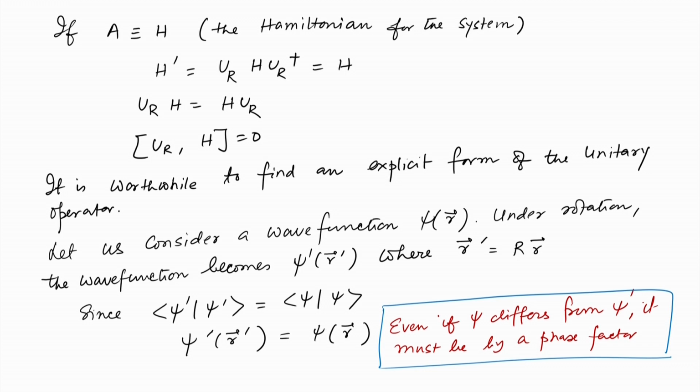As I was saying, if A is the same as the Hamiltonian of the system, then the Hamiltonian in the rotated frame, H prime, is equal to U_R H U_R dagger, which is equal to H, and this tells us that U_R H is equal to H U_R. This means that U_R commutes with the Hamiltonian of the system, and so U_R and H have simultaneous eigenfunctions.